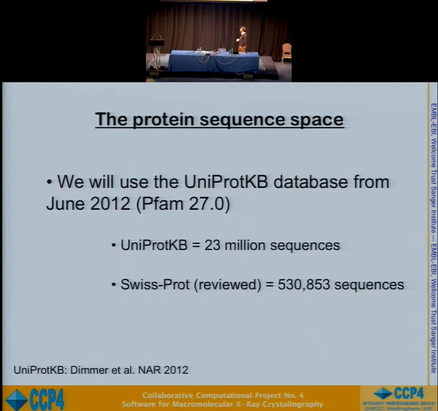About 2-3% of them are in SwissProt. It's a subset of these 23 million sequences. And things that are in SwissProt are reviewed. That means that a person has taken one protein or a group of proteins that are homologous and has looked at the evidence for these proteins to exist. It can be expression, RNA-seq, or homology to other proteins that are known experimentally, and has decided that essentially that's a real protein sequence.